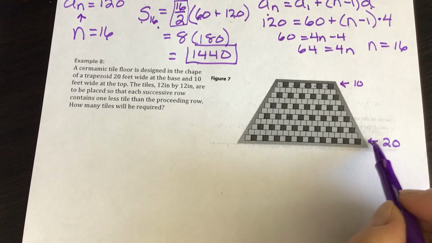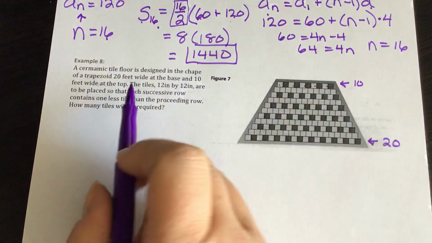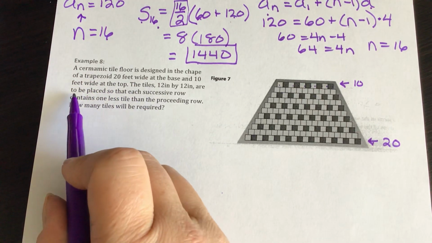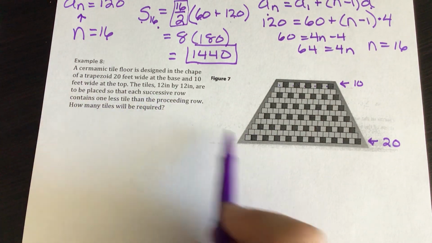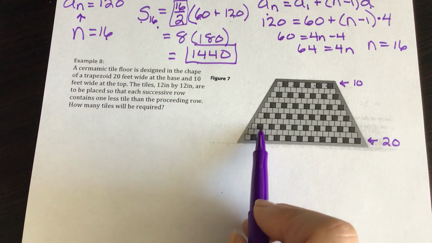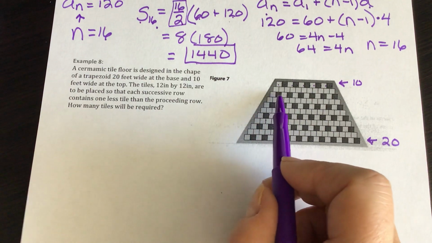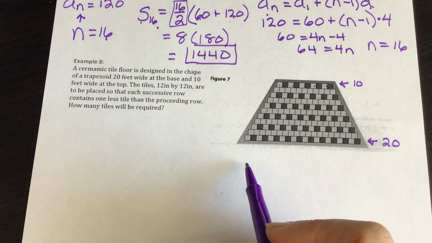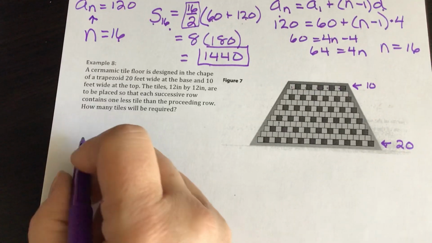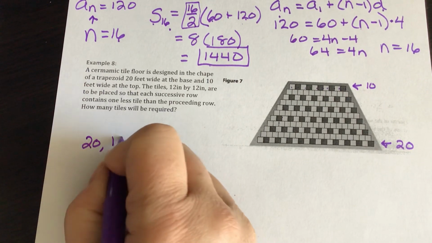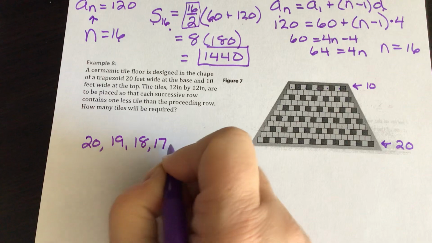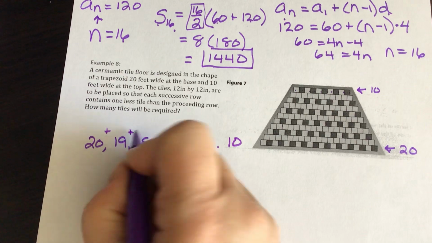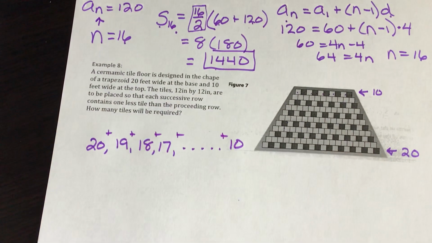So the bottom has 20, the top has 10, and they're placed in rows where each next row has one less tile. I want to find the sum of all of the tiles in all of the rows. So here's my sequence: 20, 19, 18, 17, and I want to go down to 10. And I want to find the sum of all of these numbers.